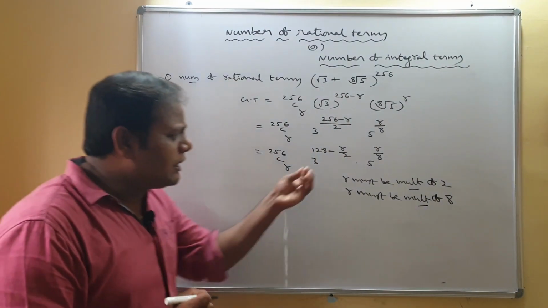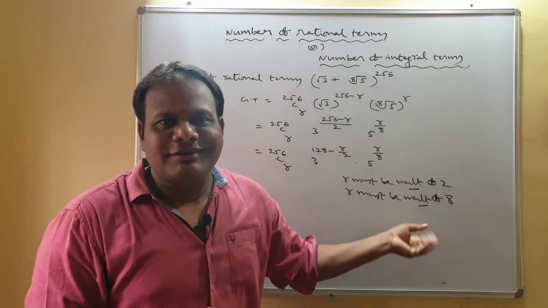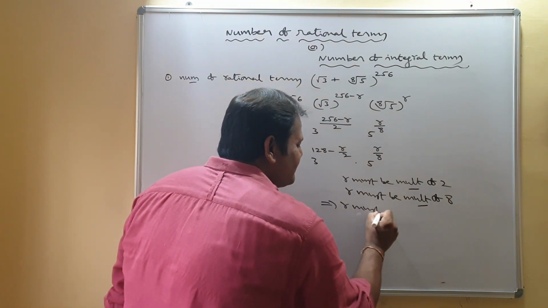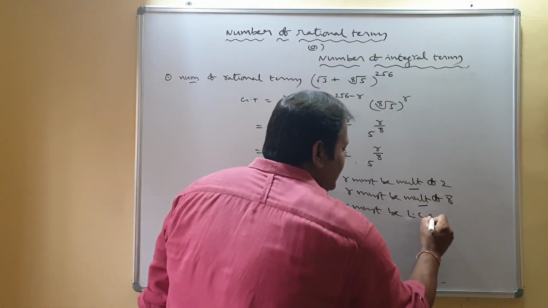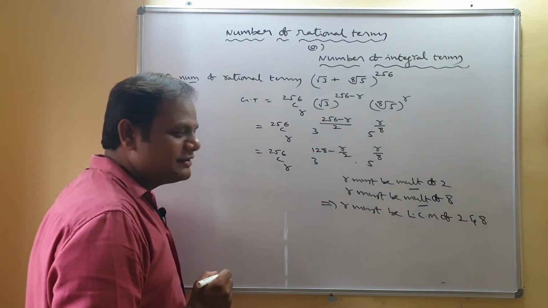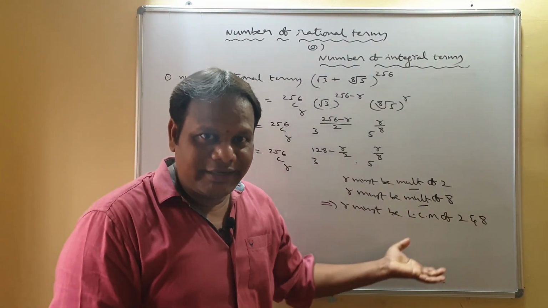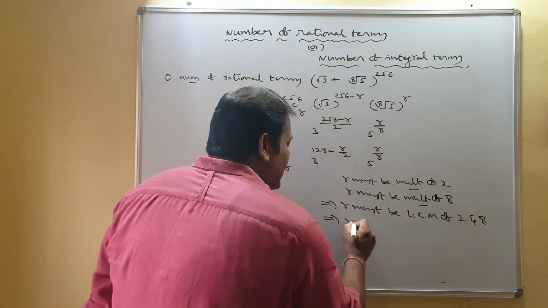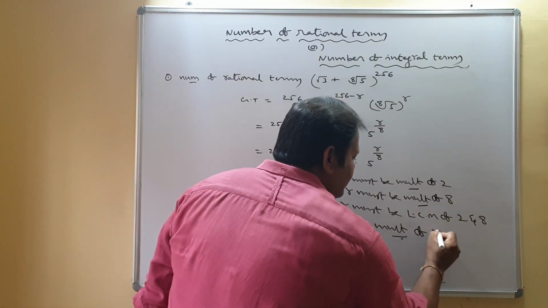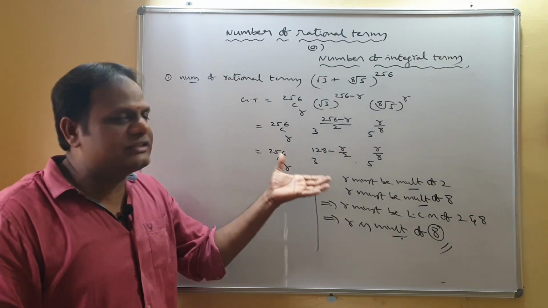So R must be a common multiple of 2 and 8, so R must be the LCM of 2 and 8. What is the LCM of 2 and 8? That is 8 only. So R is a multiple of 8.